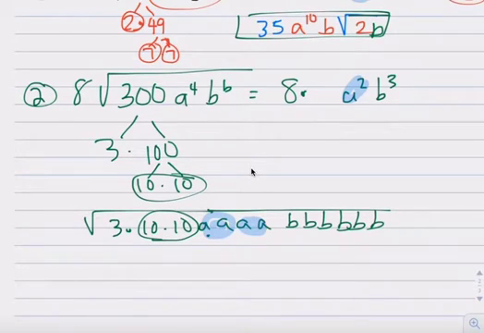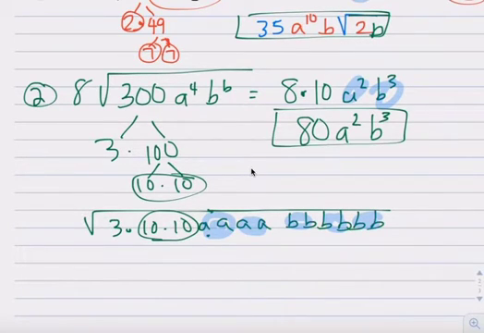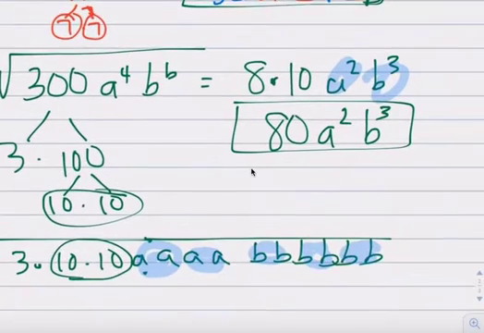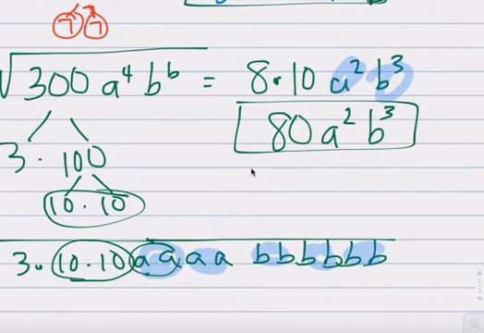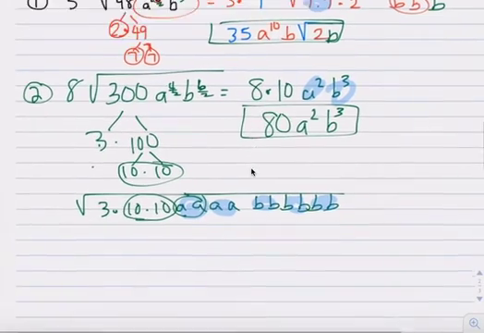I should put times 10. And 1, 2, 3 groups of B right there. So your answer is 80 a squared b to the 3rd. If you don't see that, when you're grouping by 2, it's just like dividing by 2. It's the exact same thing. 4 divided by 2 is 2. 6 divided by 2 is 3. That's why you get that.